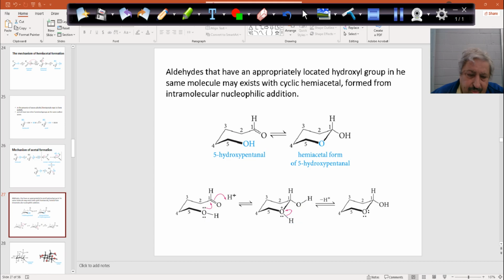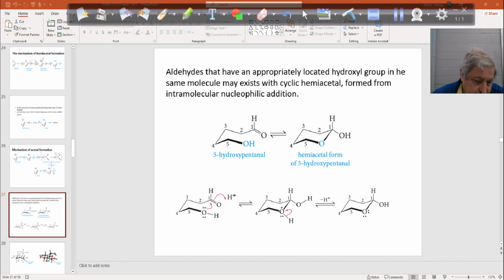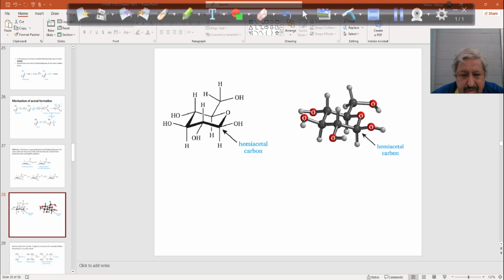Here, just to give you the idea of this type of setup, that's called the hemiacetal.